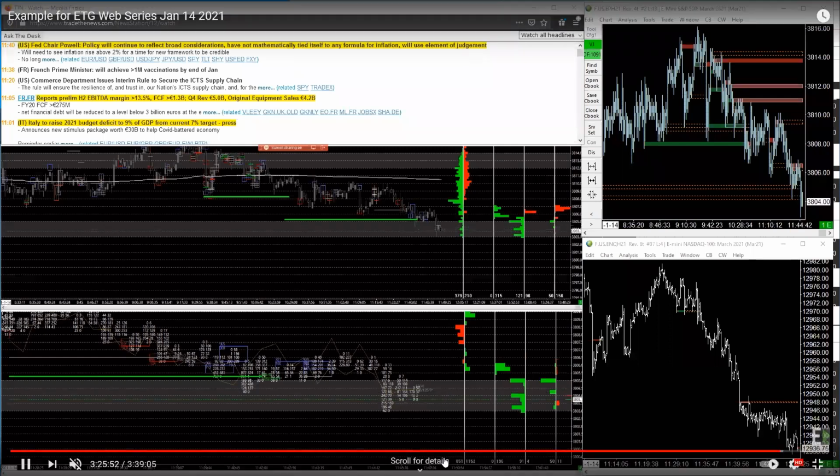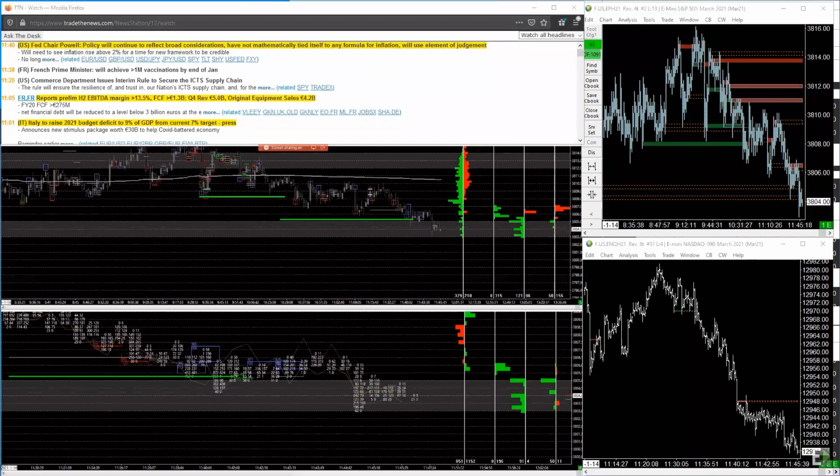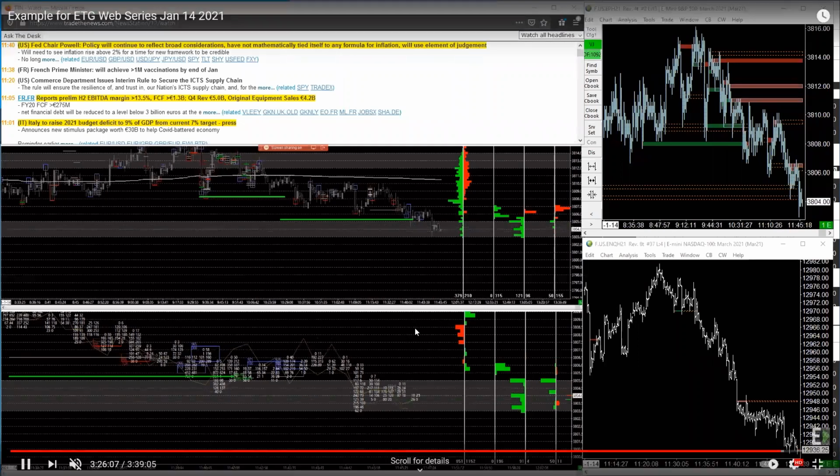And I don't care if it keeps going lower. Good. Keep going lower. But when I see this, a bunch of longs puke right in here, again, these are sell stops. Sell stops are generally used for longs to get out of the long position. When they get out of a long position, they're no longer trying to sell it above. When they're no longer looking to sell it above, it's easier to go higher.